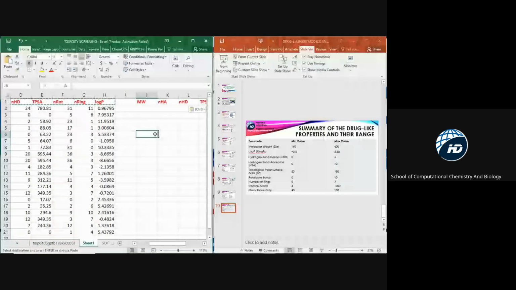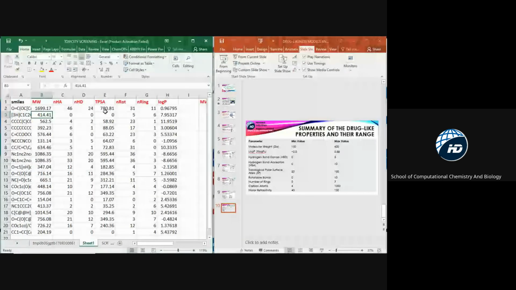So the first thing we'll do is convert their values into a binary of 1 or 0. We'll convert all these values into a binary of 1 or 0. That is what we shall do, and that is why we copied.